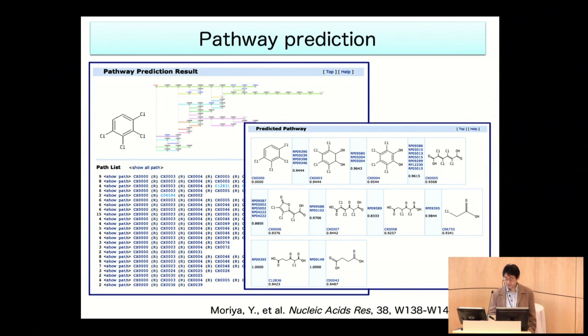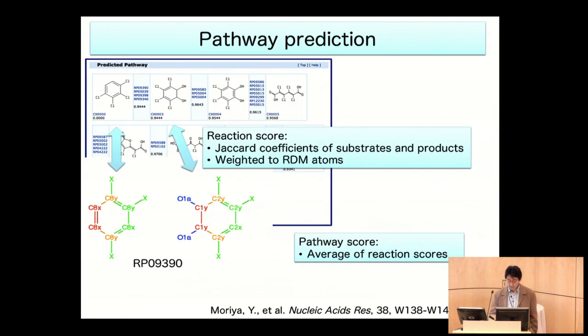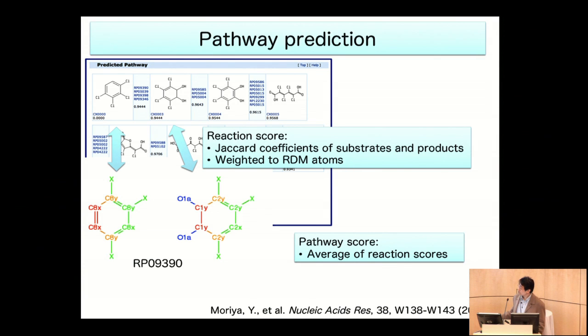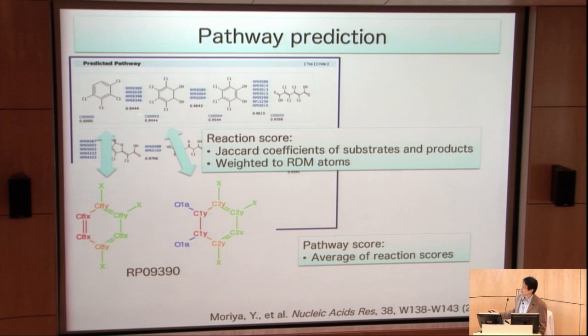Actually, this is environmental chemicals, or you can use plant secondary metabolites for the biosynthetic pathway prediction. And then this system maps this new compound to the known reaction patterns like this, and then converts the query compound into the new compound based on these reaction patterns. So by repeating this step, you can predict the new pathways.